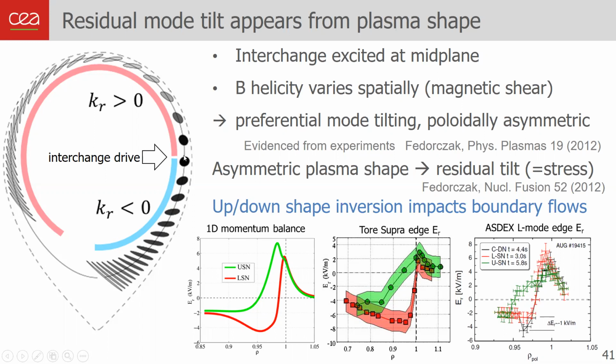Because you have this interchange drive always there, localized in this helical or shear geometry, you create preferential tilts away from the midplane, which are poloidally asymmetric.